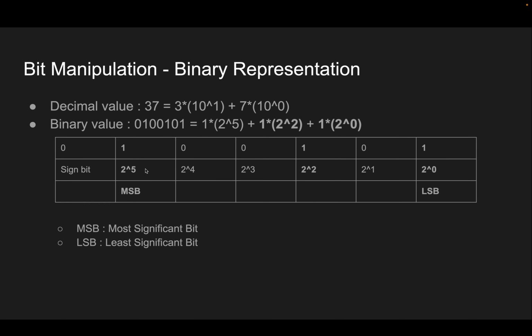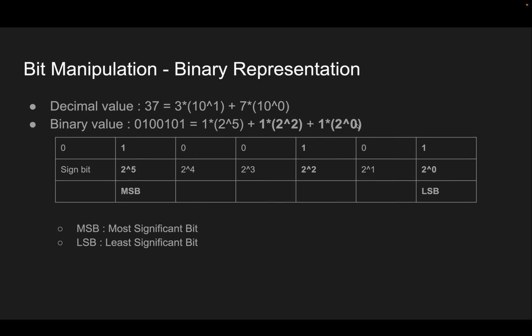Basically, a decimal number is represented as a sum of multiples of powers of 10, like 37 equals 3 times 10 to the power of 1, plus 7 times 10 to the power of 0.